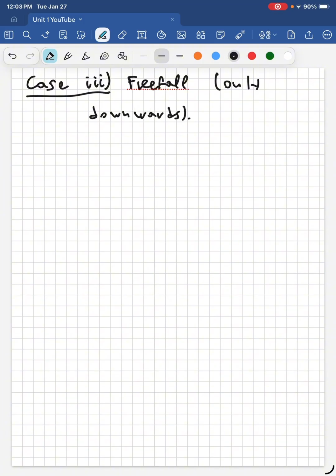Okay, so what I mean is that maybe this is the ground, okay? And maybe I'm flying with my parachute or with my balloon or maybe with an aeroplane or something like that, and I throw something, okay? And I just throw something and it falls. Okay, so this is the case.